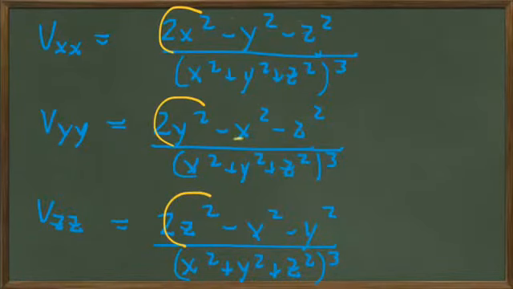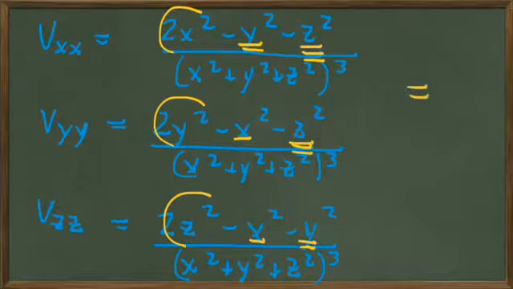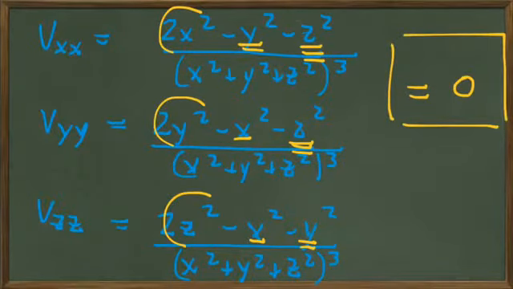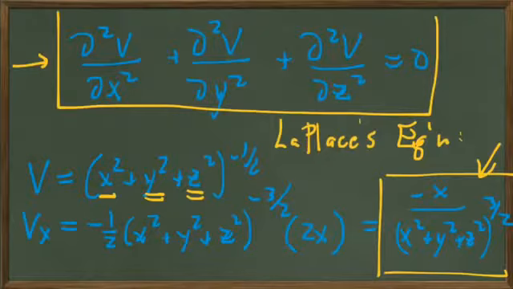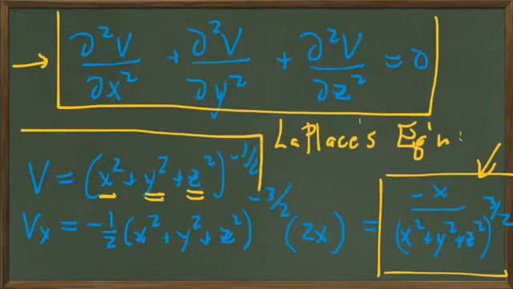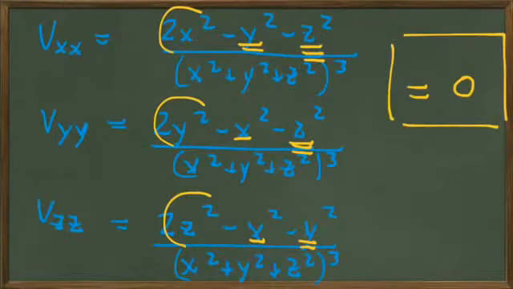But we also have negative 2x squared, negative 2y squared, and negative 2z squared. And so that gives us a 0 in the numerator, and therefore this function v satisfies Laplace's equation, because we show that v sub xx plus v sub yy plus v sub zz is 0.